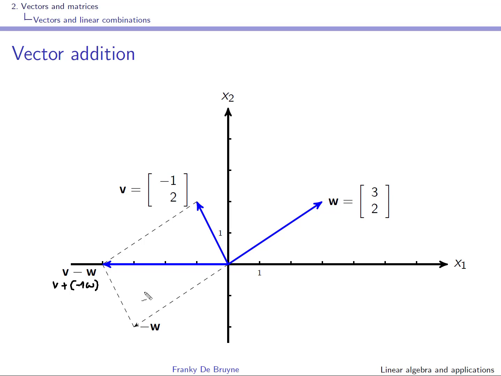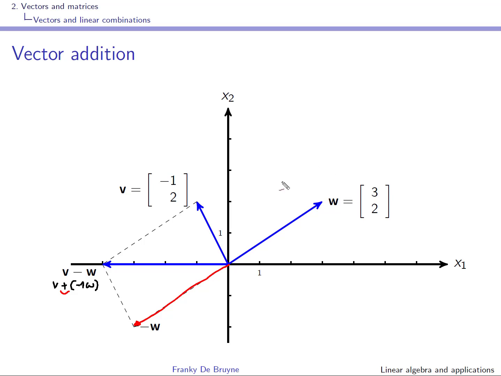So I'm combining vector multiplication by a scalar and vector addition. If I want to obtain minus W, I have to multiply the vector by -1. I obtain a vector of the same length but in opposite direction. So now I have to do the addition of V and minus W.